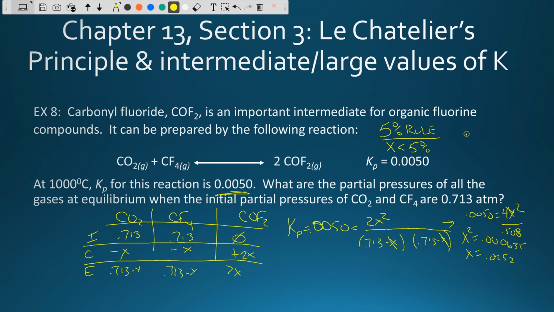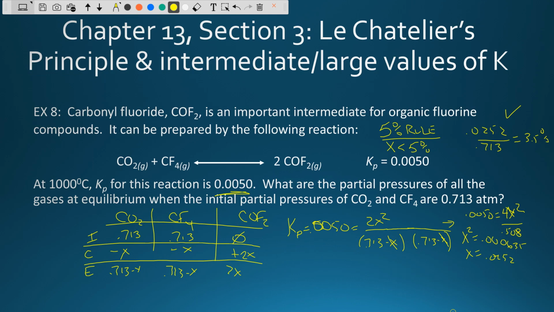So 0.0252 divided by 0.713, that's my smallest concentration here, gives me 3.5%. So yes, I can cross out the x's. This is a valid thing. I put it to the 5% rule test. So if I do that, I can cancel out those, and I found my x to be 0.0252.